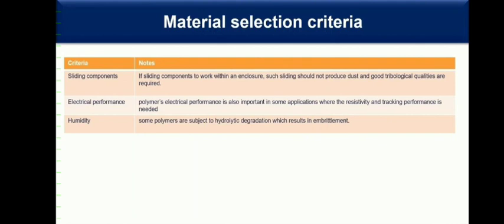Depending on the part and the application, resistivity and tracking performance are needed. Humidity is also a factor: some polymers are subject to hydrolytic degradation, and this can in the long run lead to part failure. So this needs to be kept in the back of our minds.